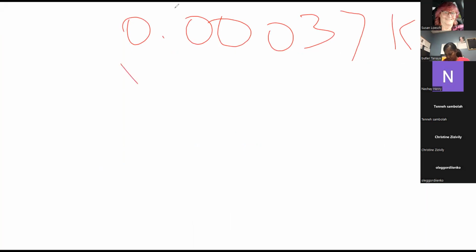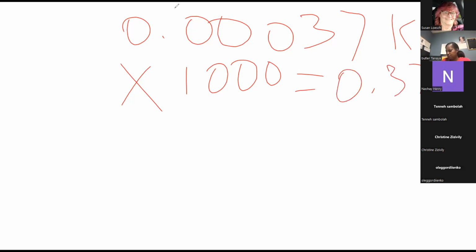And I went ahead and multiplied that times 1,000 to go to liters. And then you get 3.7. Then we're going to multiply it times 1,000 again to go to milliliters. 3,700. So I got 370.